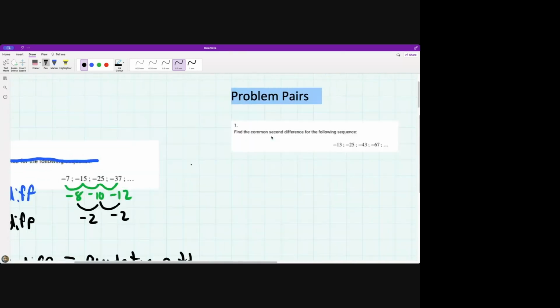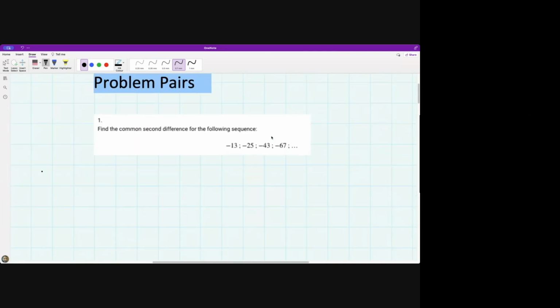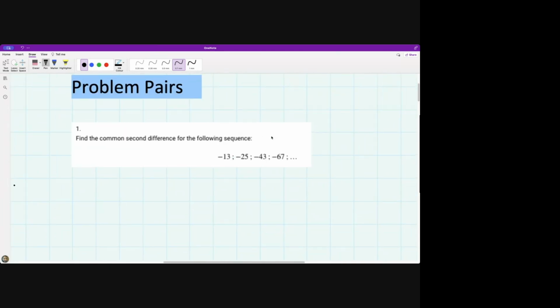So I want you to take this number pattern and find me the constant second difference, if it is one. If it's not, then maybe it's something else. But find me, hopefully, the constant second difference. You go work that out and tell me what you get. Maybe it's not a constant second difference.